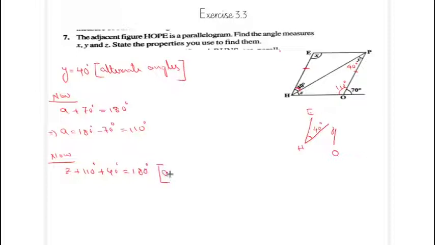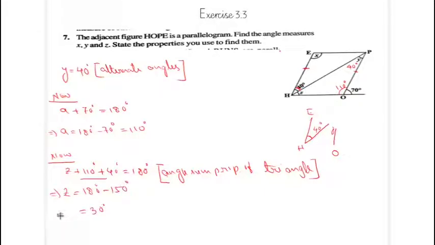Angle sum property of a triangle, that we have to mention here. So here what we will get, Z equals to 180 degree minus 150 degree, which is equals to 30 degree. That means the value of Z is here 30 degree.